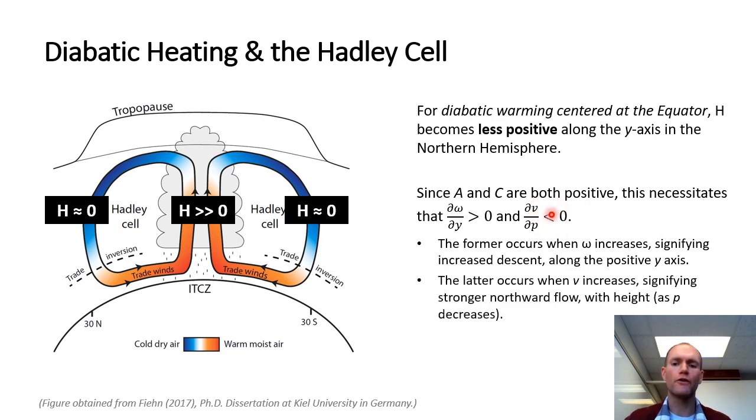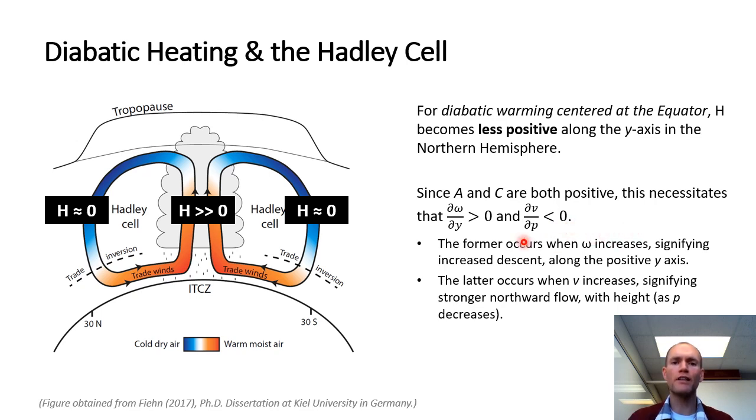The latter here occurs when V increases, signifying stronger northward flow, with height. So for instance, we might have flow directed from north to south at low levels and from south to north at upper levels. So consequently, we are going from something that is negative at low levels in terms of the meridional wind to something that is positive at upper levels. So V is getting more positive upward, but as you go upward, P is becoming smaller, so the change is negative, and we get a negative value for partial V over partial P there.